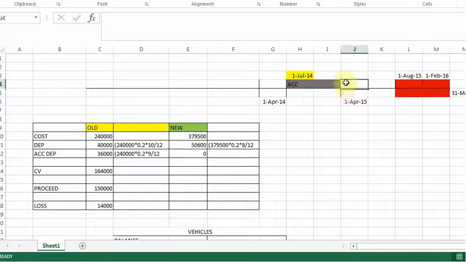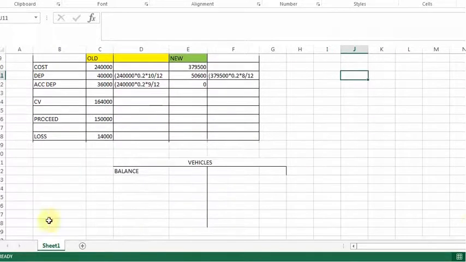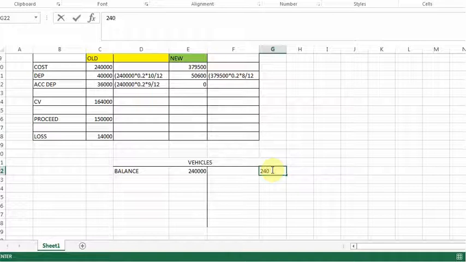So at this point here on 1st April, I only had one vehicle, and that was the vehicle with a cost of 240,000. If I look at the old vehicle, it had a cost of 240 and I sold it, so that 240 is then taken out of that vehicle account, and the description to be used there is then the vehicle realization account.